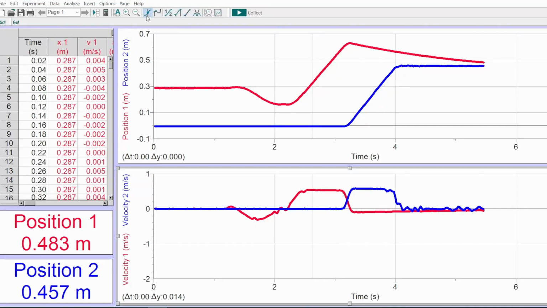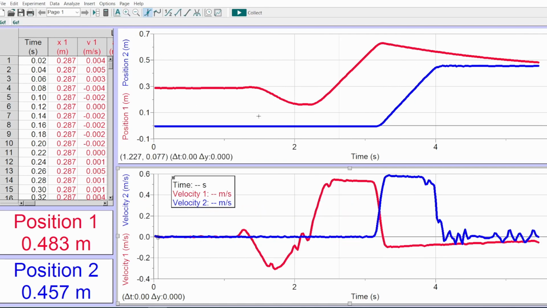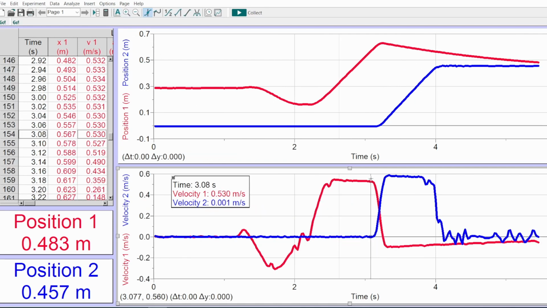Okay, so for this trial, if we scale this one, just before the collision, our velocity is 0.53 meters per second, so the initial velocity. After the collision, Cart 1 bounced back, has a velocity of negative 0.093 meters per second. Cart 2 has a velocity of 0.587 meters per second.